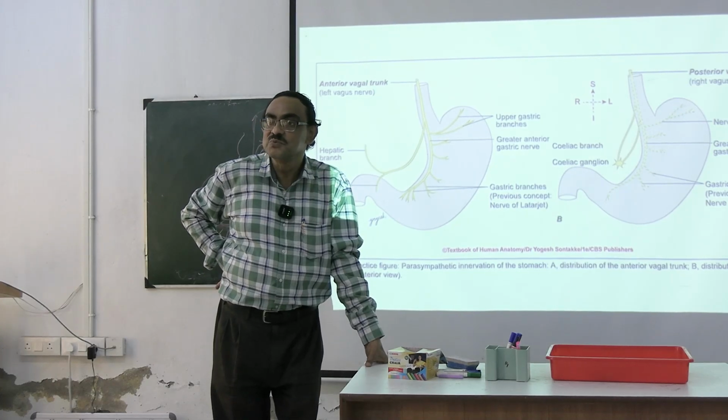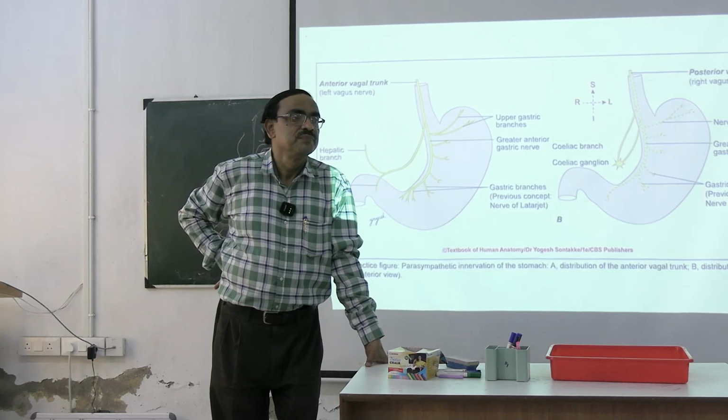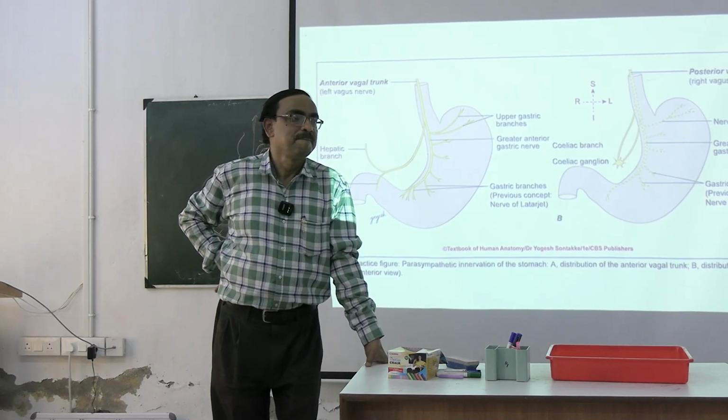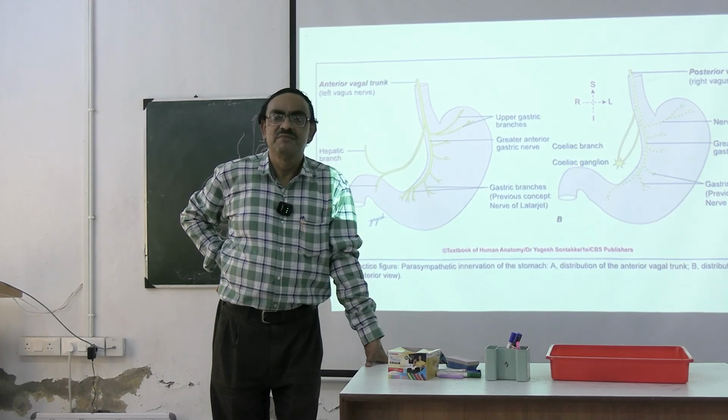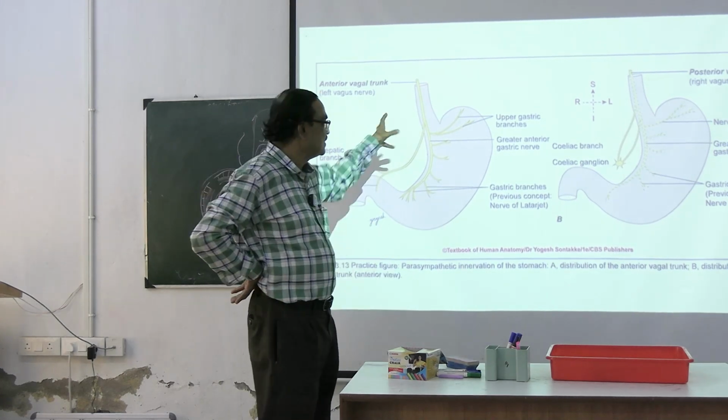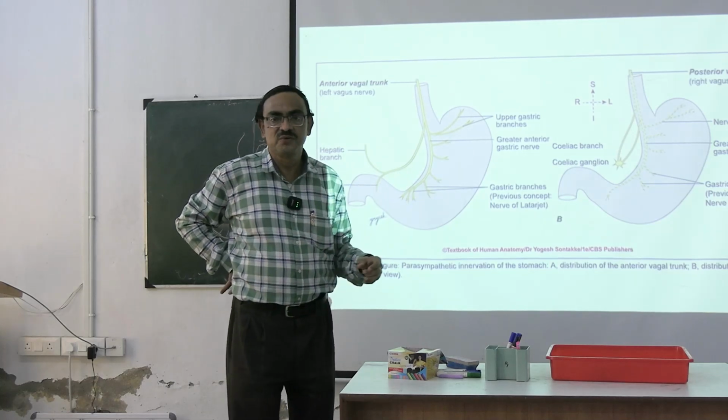So in that case we have to cut these nerves, which is called vagotomy. There are truncal vagotomy, when the vagal trunk is cut, selective vagotomy, and highly selective vagotomy.